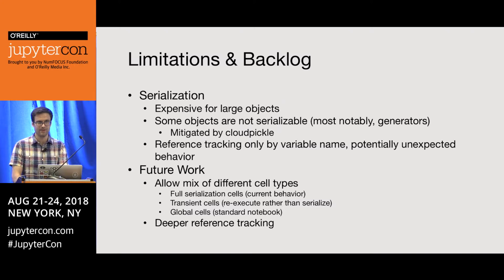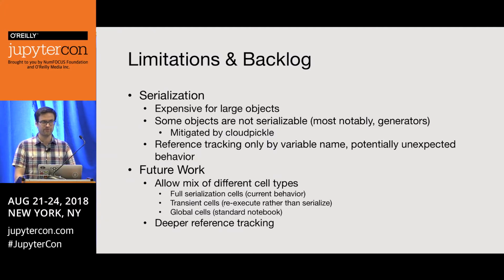I'm serializing the whole cell pre and post environment, and that's expensive for large objects. It's fine for anything under a couple hundred megabytes, but once you work on any larger data than that, it gets a little bit laggy.